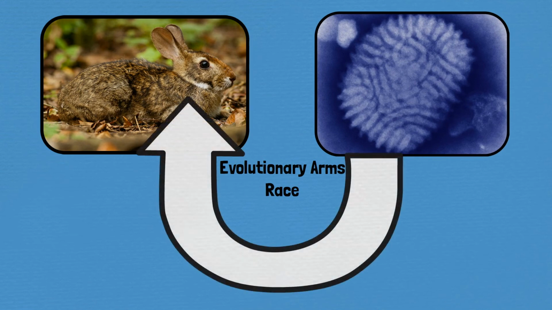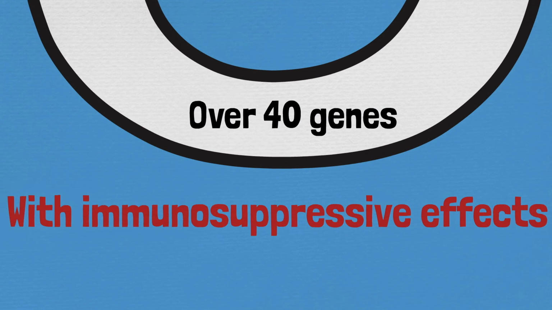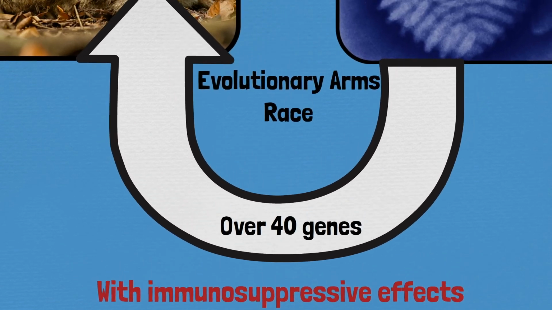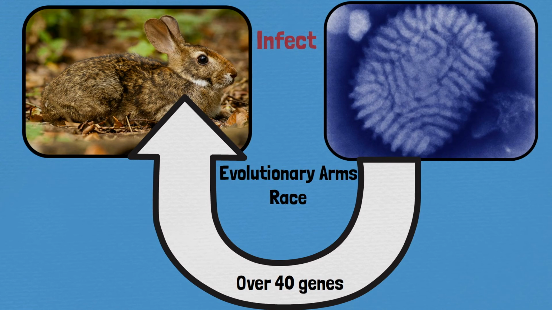Myxoma virus has over 40 genes that have potential immunosuppressive effects. These virulence factors evolved to keep the Brazilian cottontail rabbit's immune system at bay for long enough for the virus to infect, replicate, and transmit, resulting in non-lethal symptoms.